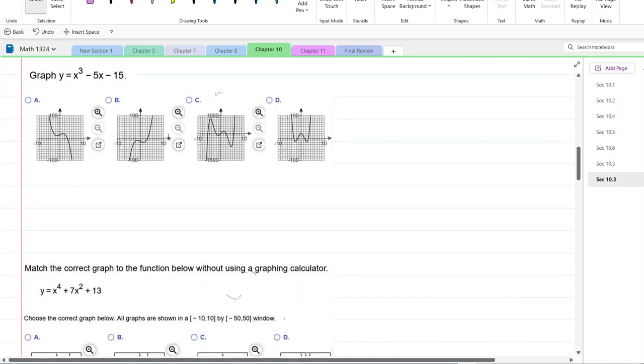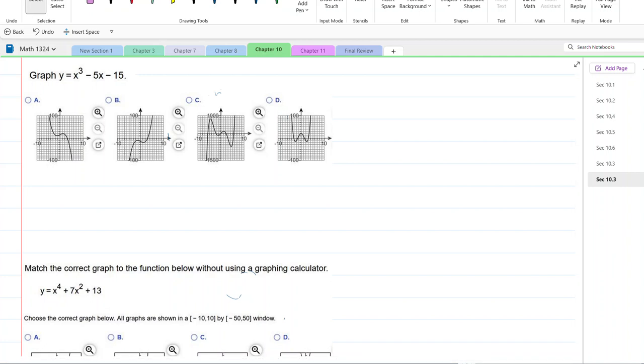How does it look? Now, we're going to use our calculator. But for starters, let's look at the degree. So we want to know that the degree of this function, y equals x cubed minus 5x minus 15, is 3. So it must have n minus 1 turning points. So we would get 3 minus 1, 2 turning points.